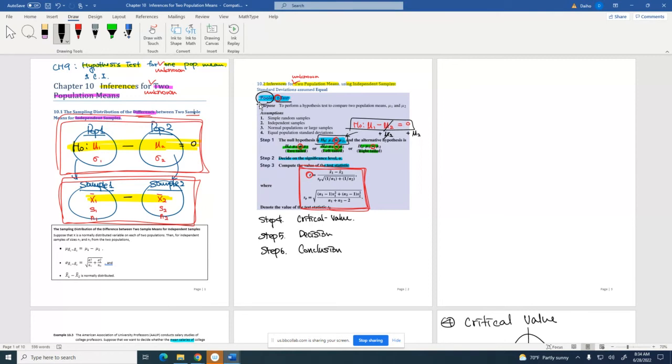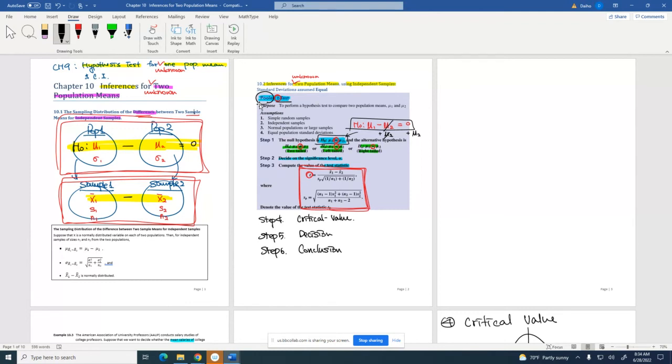But now we have two n's. So even if we apply n minus 1 on both, we get n1 minus 1 and n2 minus 1, right? It is not a degree of freedom yet, but n minus 1s, right?